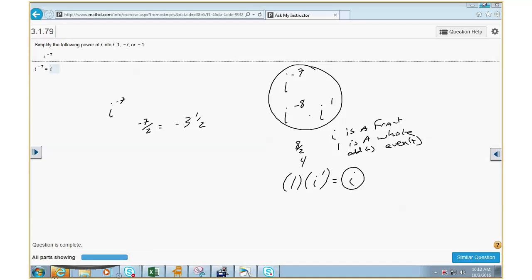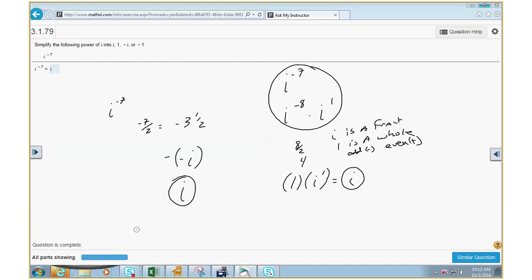All right, i is a fraction. 3 is what? That's all, right? So it's going to be negative i, but you got to put a negative out in front of the 3. Negative times negative is, well, let's see if that works.